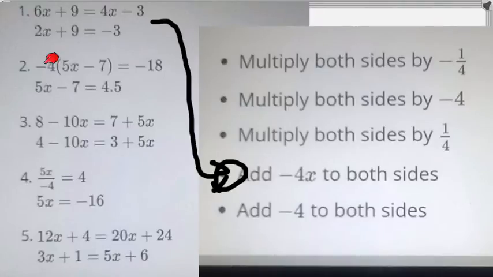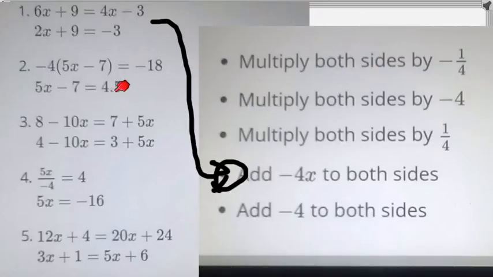Looking at the second one, they simplified here. -4. Oh, they didn't simplify by distributing, though, because if they did, they'd get -20x here, so that's not what they did. But this -4 disappeared, so that you only have the 5x minus 7 left, and the -18 became 4.5.